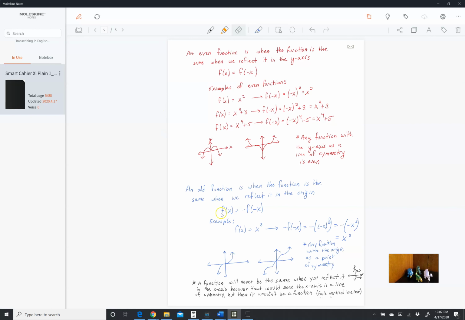Okay, so we don't talk about the x-axis being a line of symmetry because that's not possible if it's a function. If it's a function, the x-axis would not be a line of symmetry.